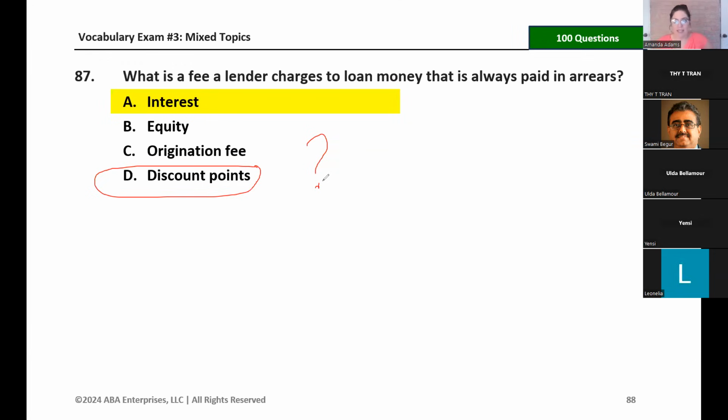Yes. Gary says compensation to adjust the yield. Yeah. Very good. So it's basically prepaid interest. You're paying a chunk of your interest up front to get your interest rate reduced for the remainder of the loan. Those are discount points. Very good, you guys. Awesome work.